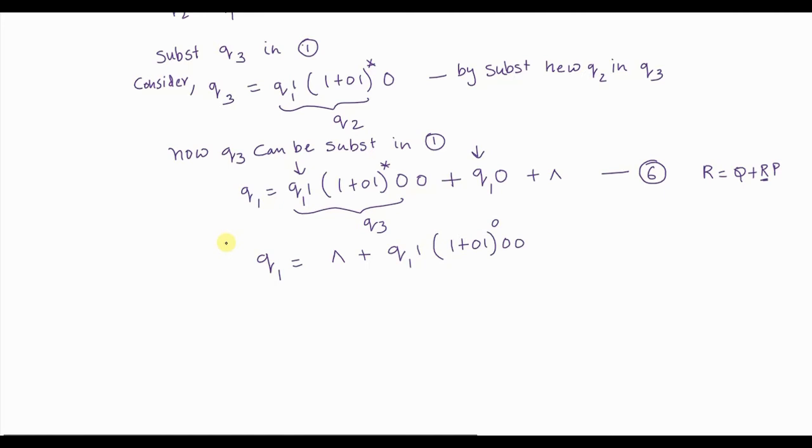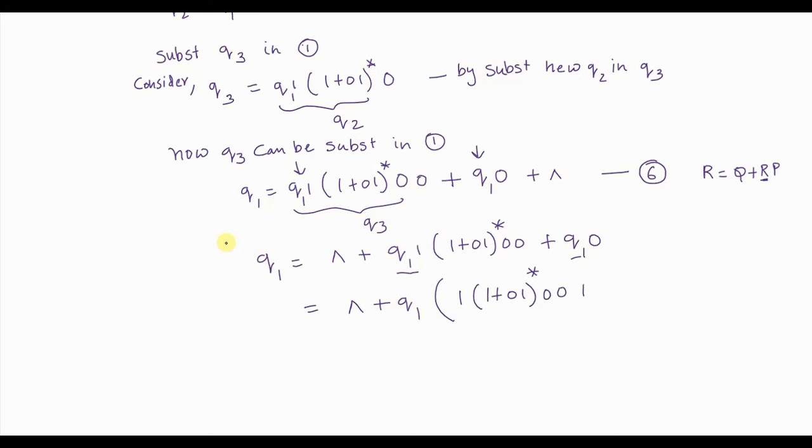I'm sorry, whole star ending with 0 0. Plus Q1 0. And now that this Q1 is common, I can remove Q1 out. So what I get? Null plus Q1 in bracket 1 plus 0 1 the whole star 0 0 plus 0.